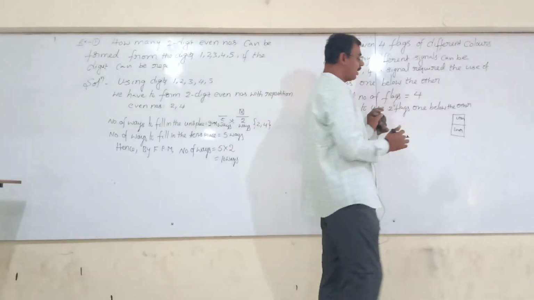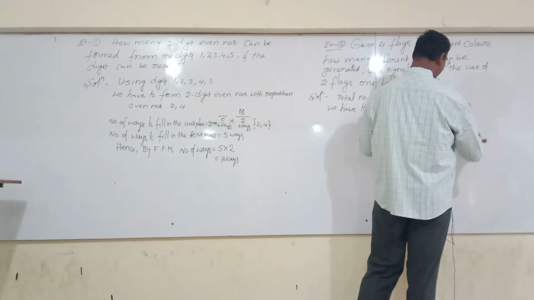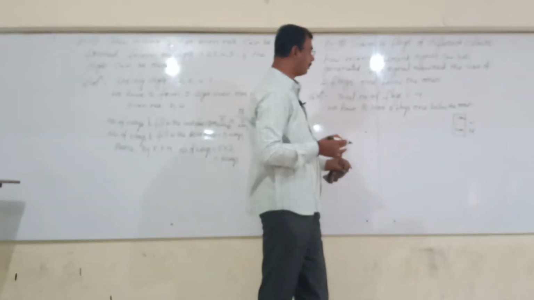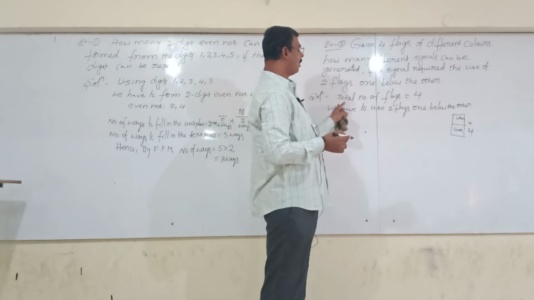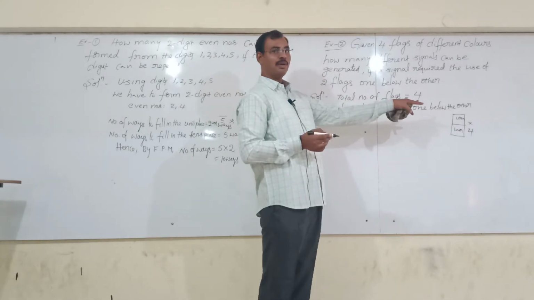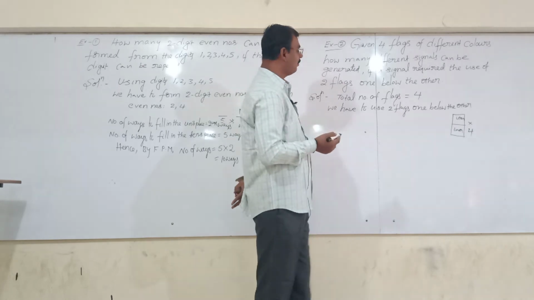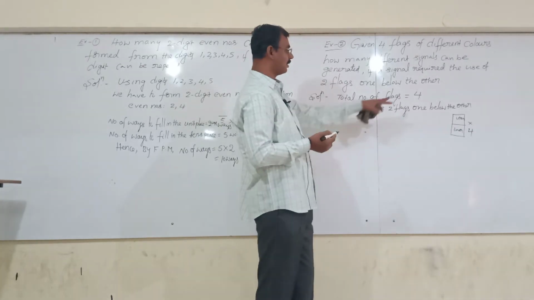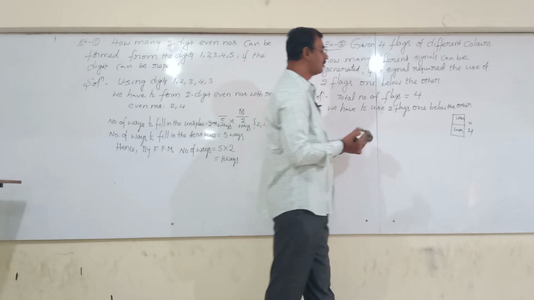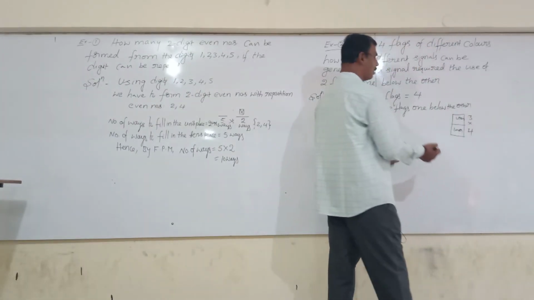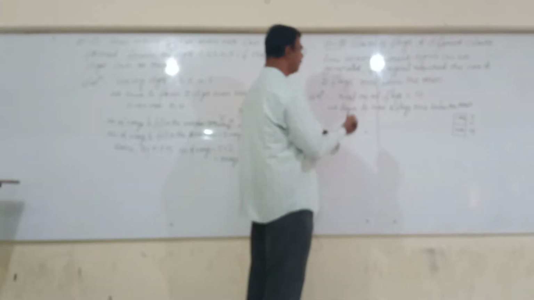Out of 4, we can choose in 4 ways. I do not stop here; I have to fill up the upper position also. Since repetition is not allowed, how many flags are remaining? 3. So we can choose the second flag in 3 ways. So the total number of ways is 12 ways. Very simple.